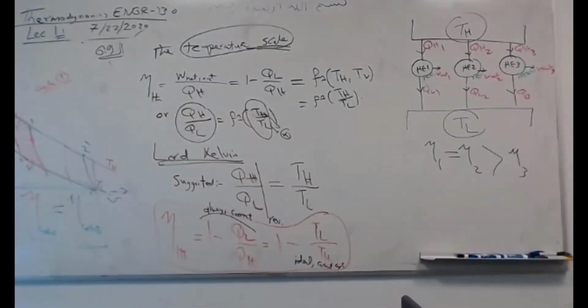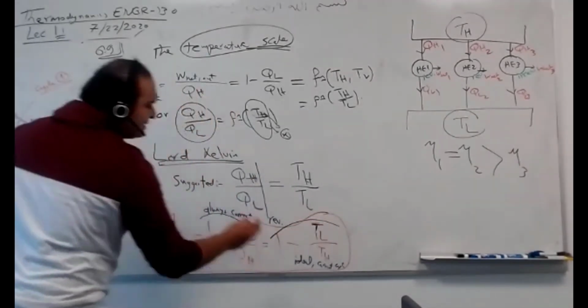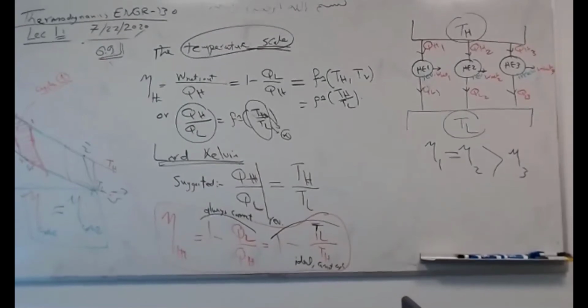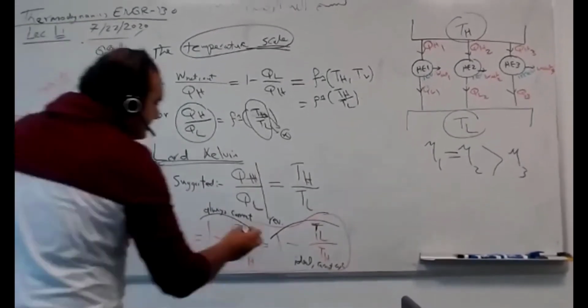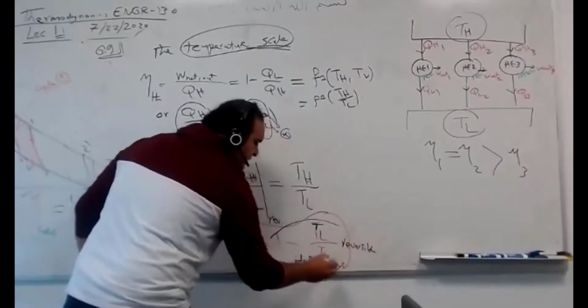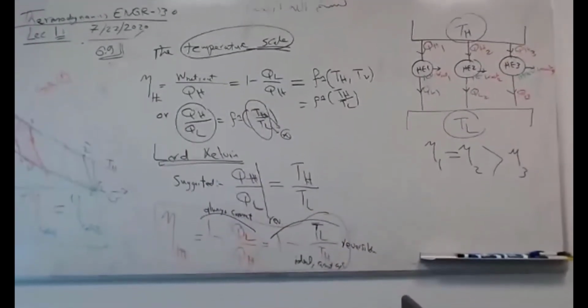So the second form, 1 minus T low over T high, is only valid if it's ideal, reversible. Of course, you need to write reversible. Carnot cycle, ideal. But the first form, 1 minus Q low over Q high, is always correct. Okay, guys?